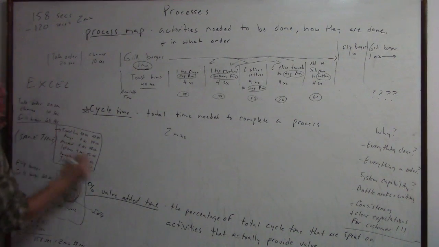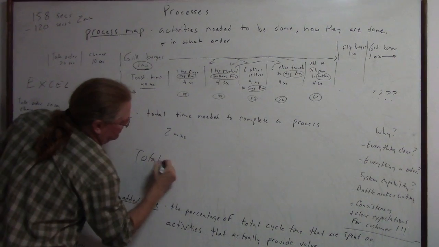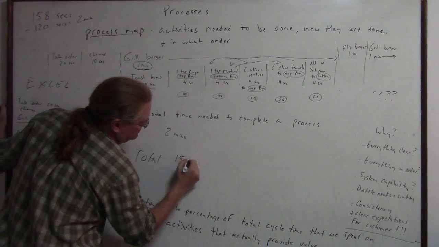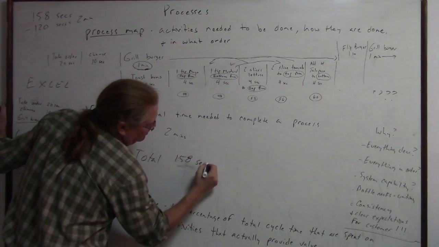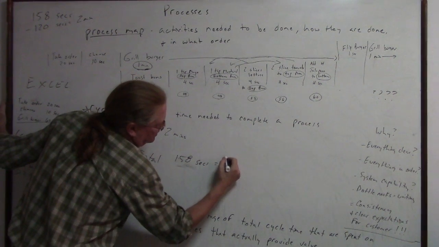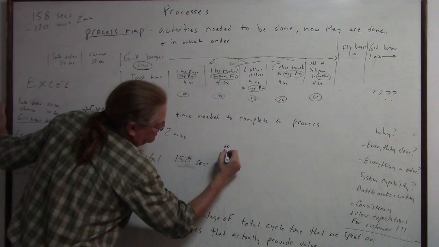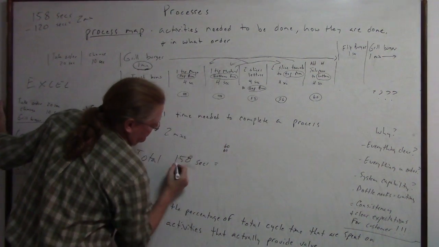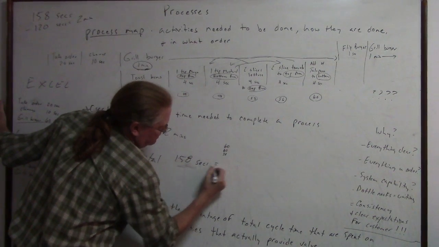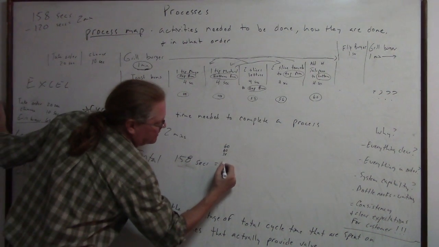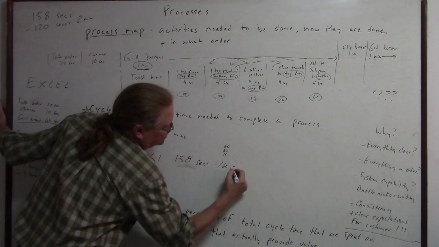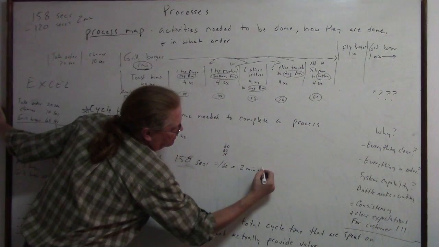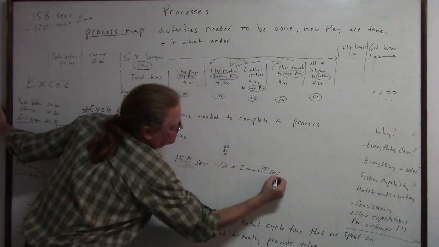So it's a total cycle time of 2 minutes, well, let's put it up here, 158 seconds, which equals 60 plus 60, plus 38. You can get a calculator. Divide that by 60, and it'll turn out to be 2 minutes and 38 seconds.